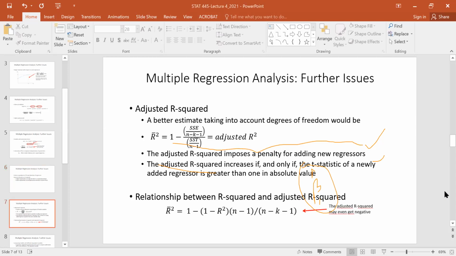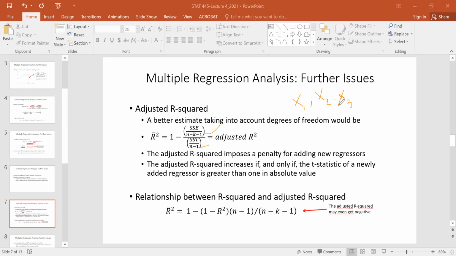Okay. So there is something called adjusted R squared, which is computed from the usual R squared, but you divide the error sum of squares by its degrees of freedom and the total sum of squares by its degrees of freedom. It's because each time you add an X to a regression, the R squared artificially goes up, even if the X you are adding is useless.